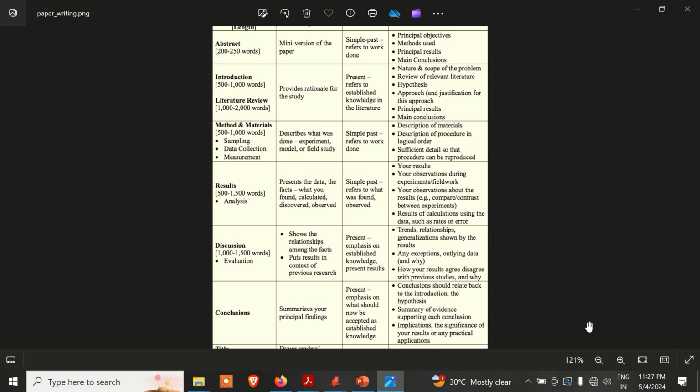Introduction could be slightly bigger in nature, maybe 500 to 1000 words. It's about the rationale of your domain, and the present refers to the established knowledge in the literature. It's about the scope of your problem, and you might have referred to some literature. It's about your own understanding of already published literature, that's called a review.